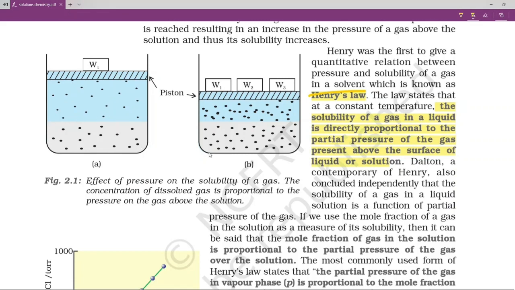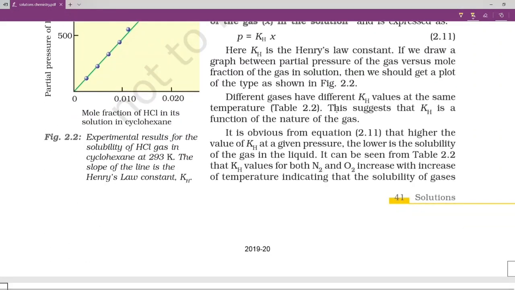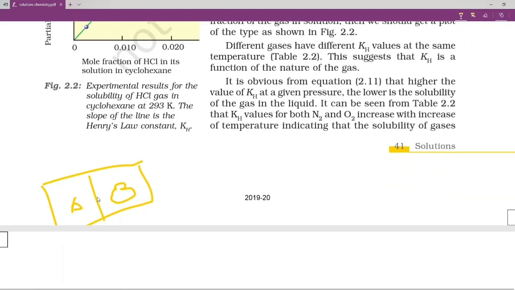And what is partial pressure? It is the contribution of that particular gas in the total pressure. For example, suppose we have a room, and in that room two gases are present, A and B. Partial pressure means the contribution of A in the total pressure.